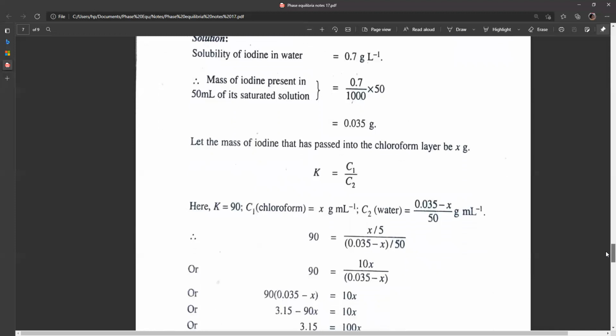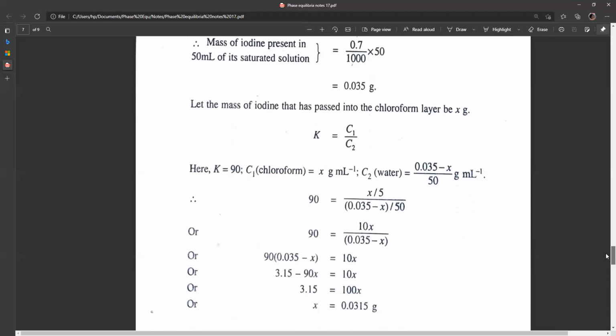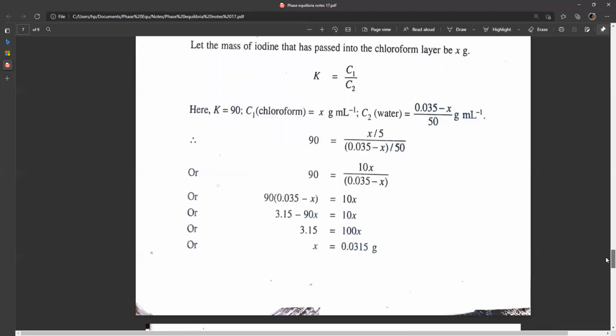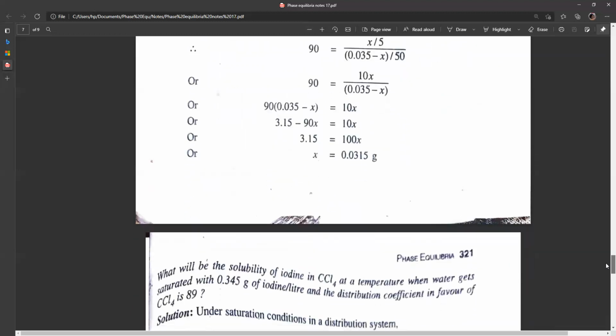So 90, the partition coefficient that we know, is equal to x by 5 divided by (0.035 minus x) divided by 50. So 90 is equal to 10x divided by (0.035 minus x). Solving this, we got x as 0.035 gram.